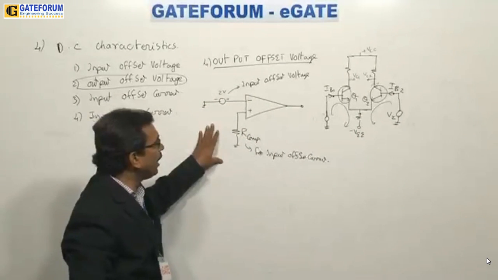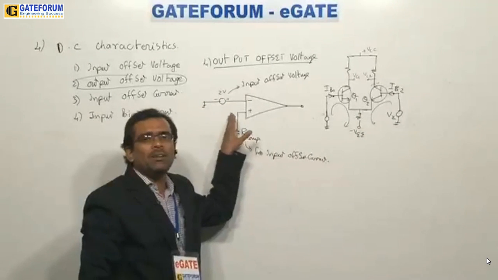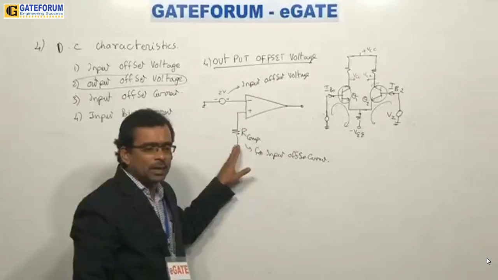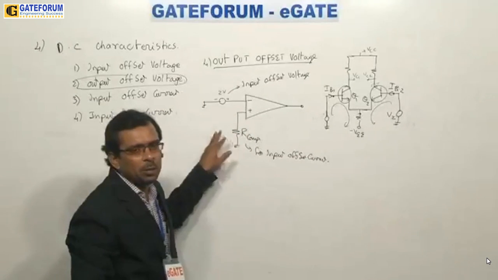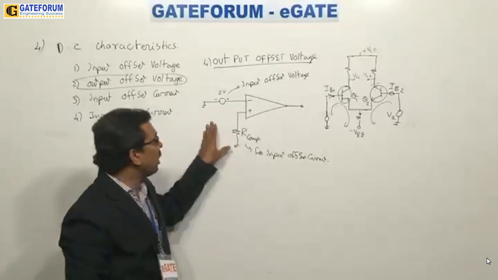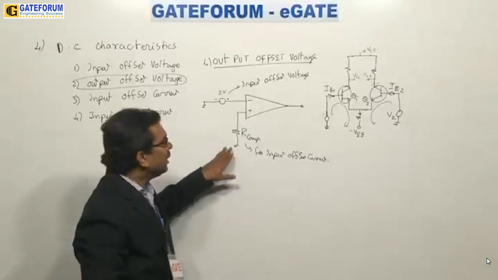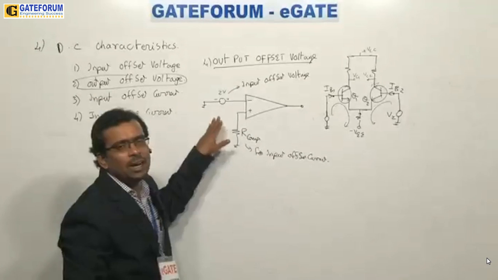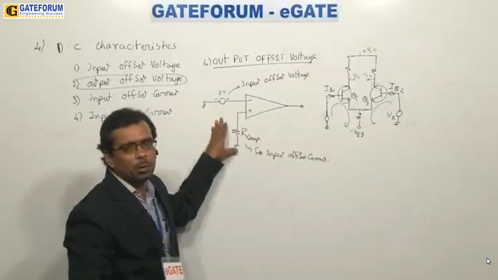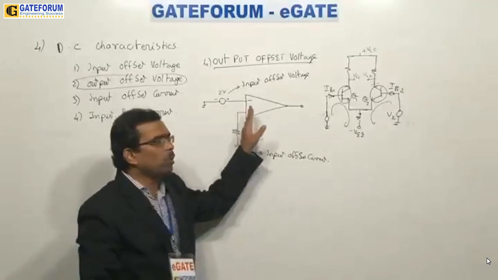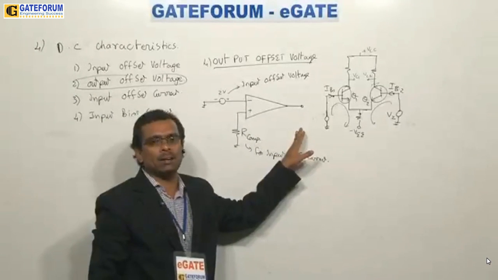But now, because you have added an additional voltage here, this voltage will interfere with the input signals you are giving. I have grounded here, but if you give an input signal, then this resistor and this voltage will create some effect on the input values, and once again the output will have an error.